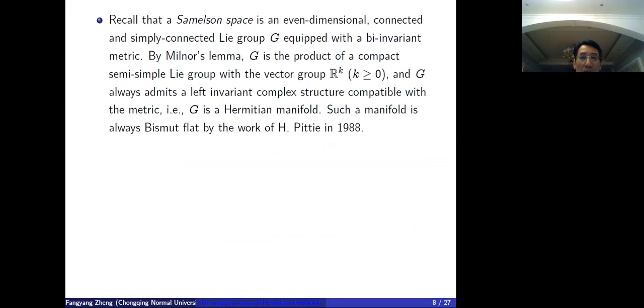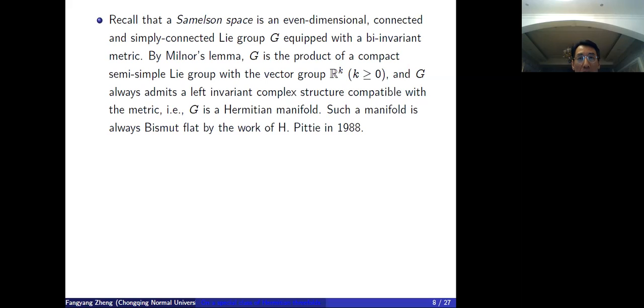And then if it also admits a compatible left invariant complex structure, then you can make it into a complex manifold, right? So it's a classic result of Samelson in the 1950s. For these semi-simple compact Lie groups, sometimes with the compensation of some vector factors, you can always attach a complex structure on it, and then the bi-invariant metric will be Bismut flat.